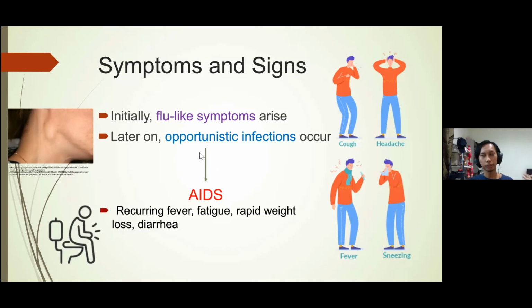Then as opportunistic infections start invading, the body gets sick, and slowly the host will develop AIDS, in which the host will experience recurring fever, fatigue, rapid weight loss, and diarrhea.